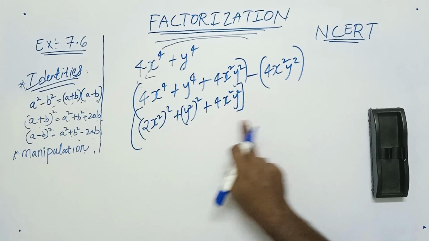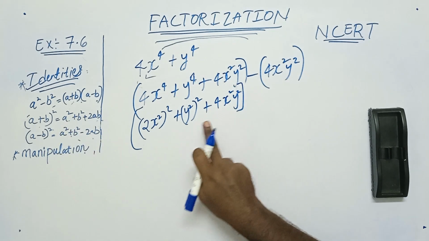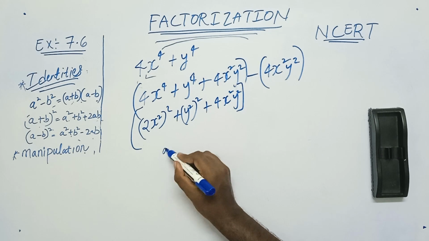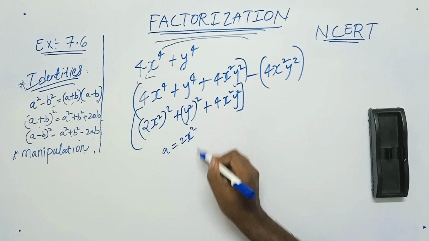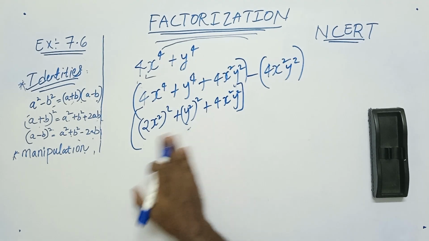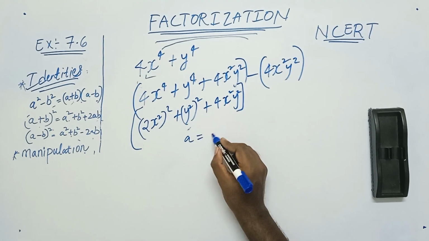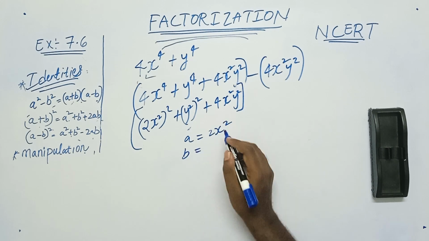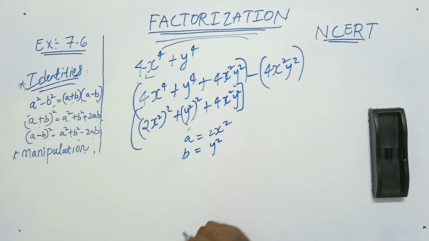That means it looks like a square plus b square plus 2ab. So if you take a value as 2x square and b value as y square.